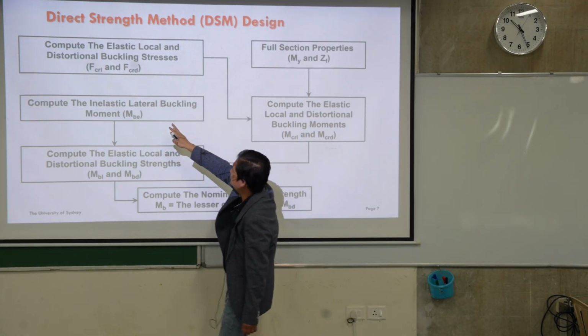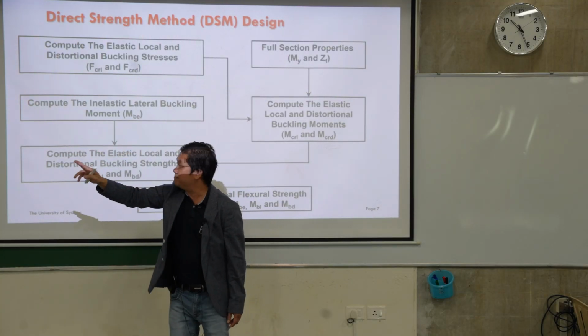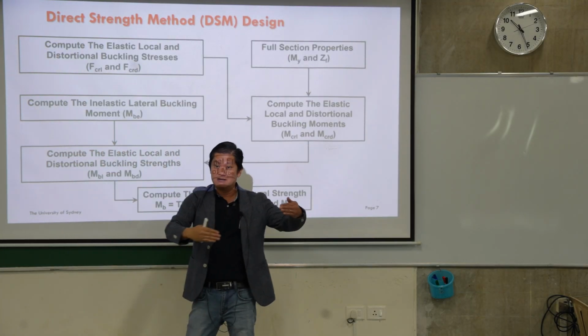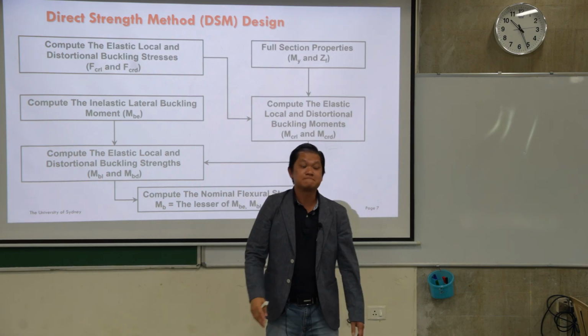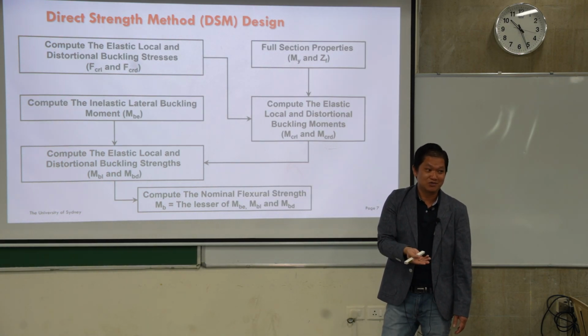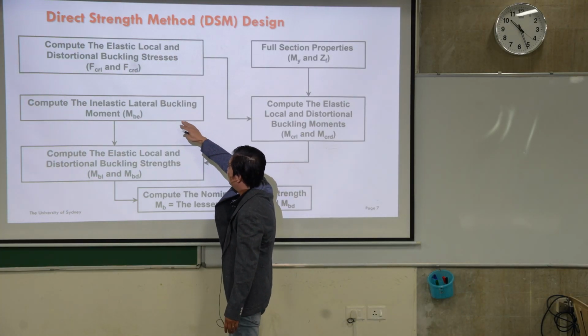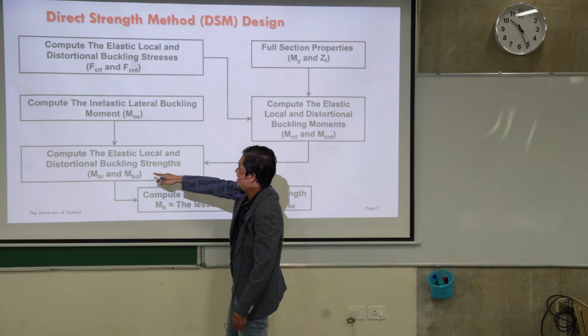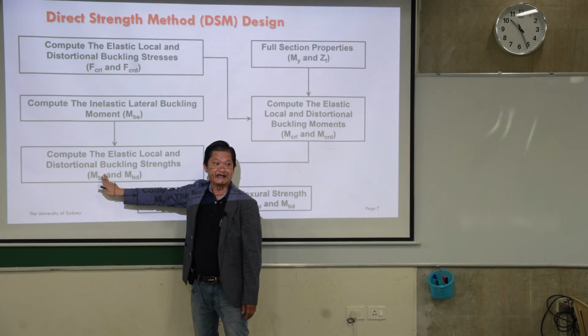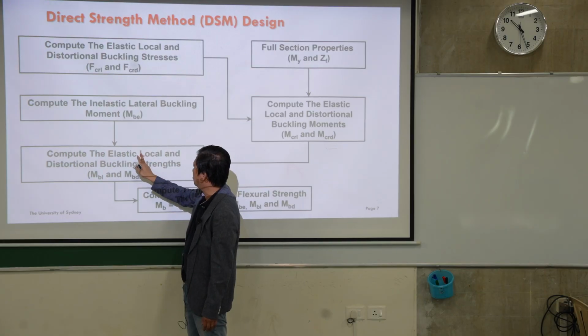And here you calculate the lateral buckling, MBE, so that is the member buckling. But that is just the traditional way to do it. It's not DSM. Everyone can do it from that. And then from that, you can combine and calculate MBE. That is the strength.